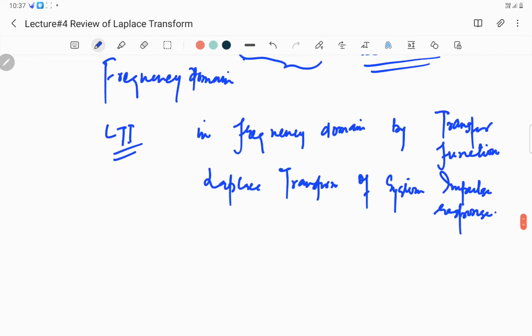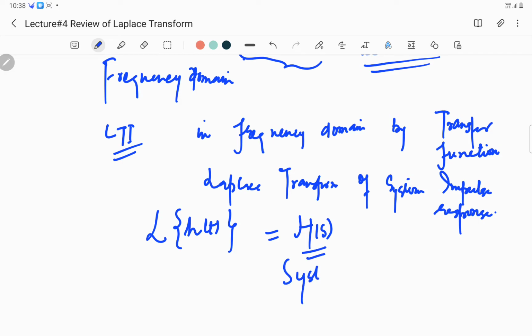So what we do is that if h of t is the impulse response, we take its Laplace transform and we get something which is called a system transfer function. This H of s represents a system transfer function.